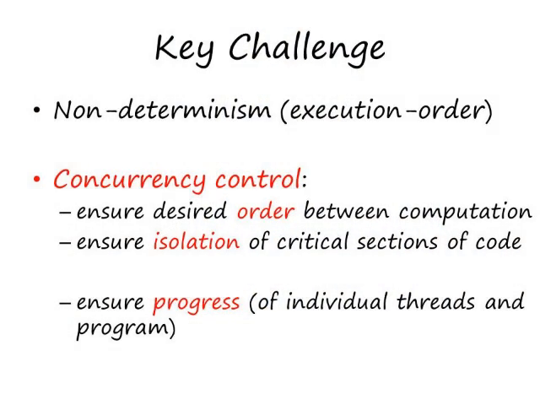So basically, concurrency or parallelism introduces this challenge, that you have non-determinism in the order in which code fragments can execute, and this non-determinism can introduce potentially undesirable effects. And so one of the challenges, if you're writing parallel programs, is concurrency control.